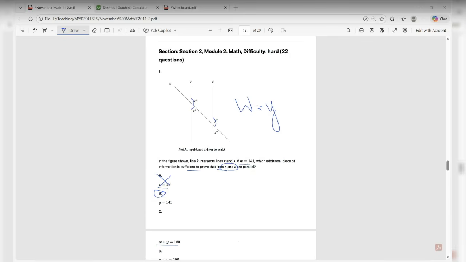First of all, module 2, guys, any questions? If you have any questions in module 2, you can write them down. But the same thing now, half of the questions, 11 questions, fully done by Desmos.